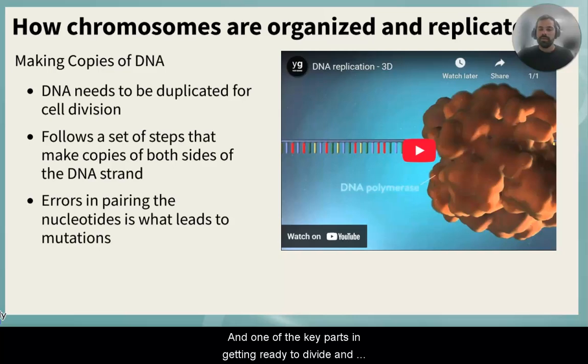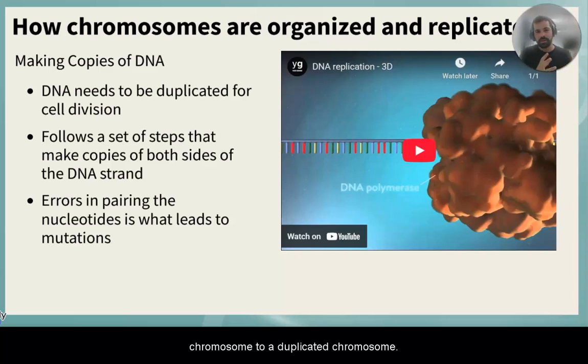And one of the key parts in getting ready to divide and building up before the chromosomes can be divided up into new cells is you've got to make a copy of it. So we're going to be talking about the process of DNA replication, by which you go from an unduplicated chromosome to a duplicated chromosome.